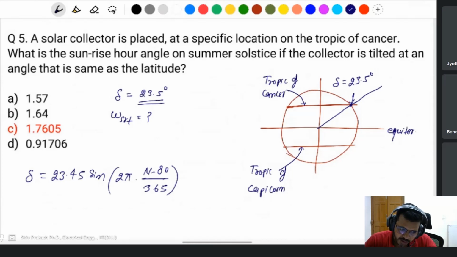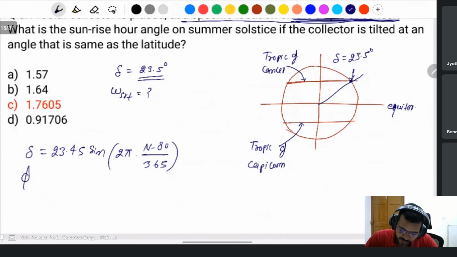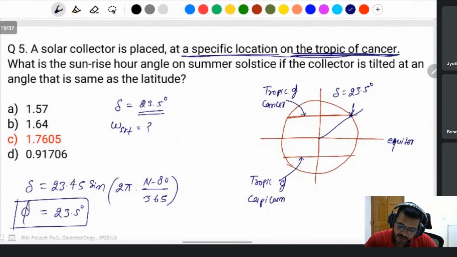Sorry, this is not the delta angle; this will be defined as the phi angle. It will be the latitude angle because I was given a specific location on the Tropic of Cancer. That's why the 23.5 degree is the phi angle, the latitude angle, because this is defined by the location.